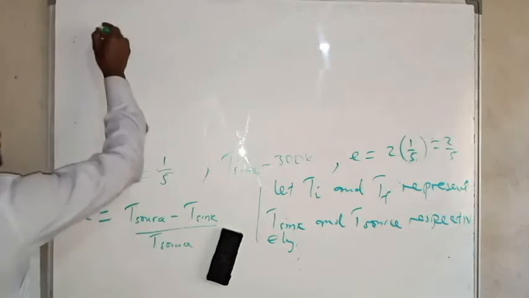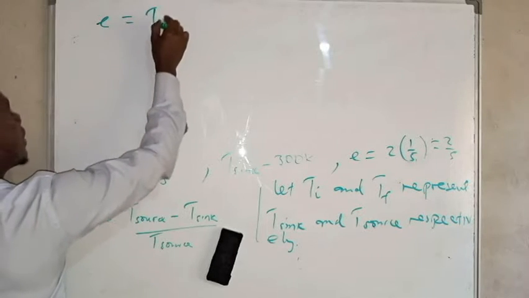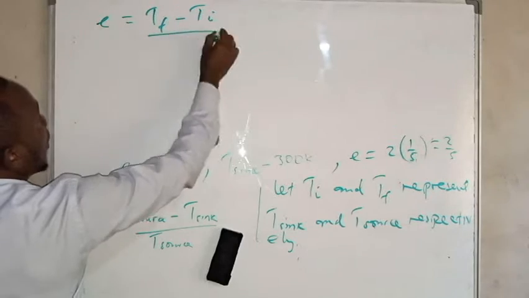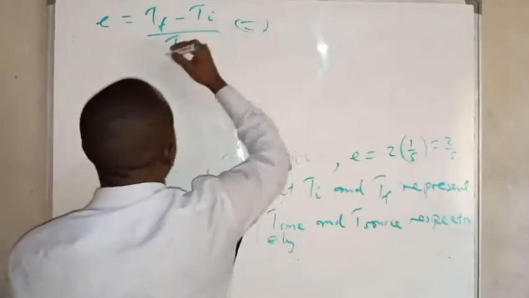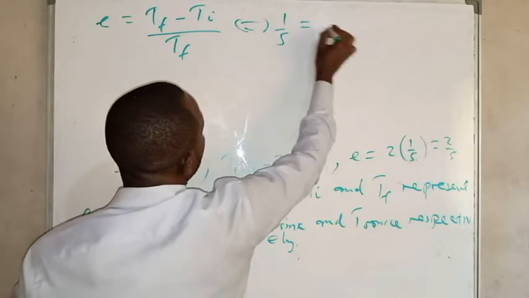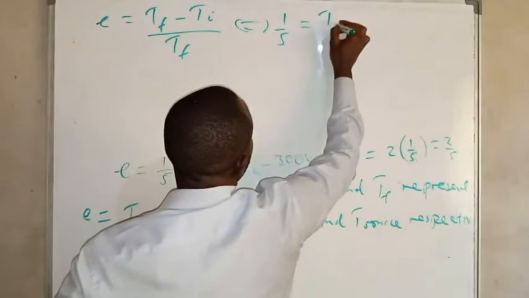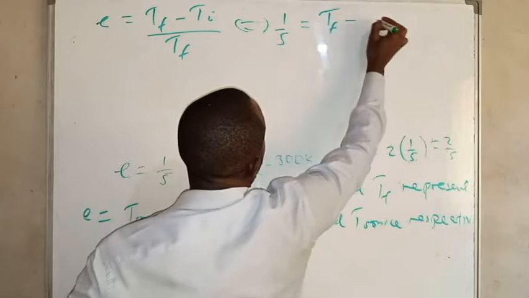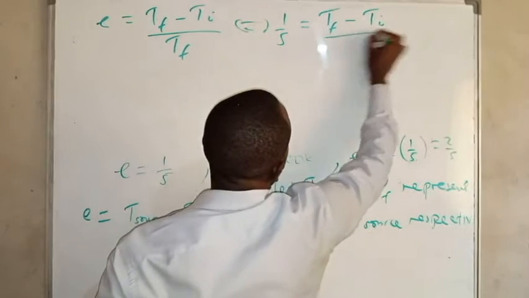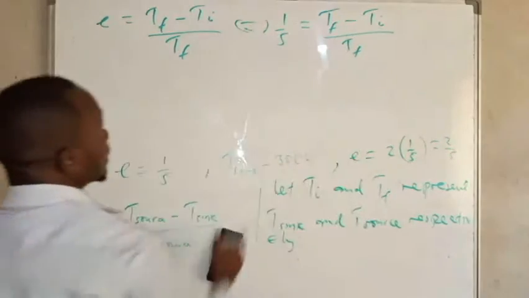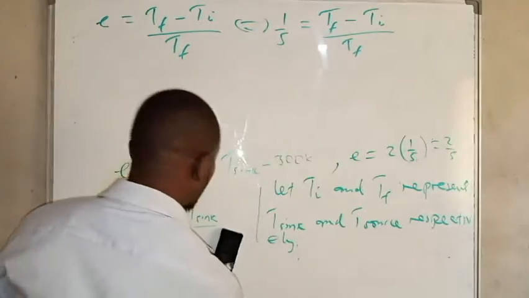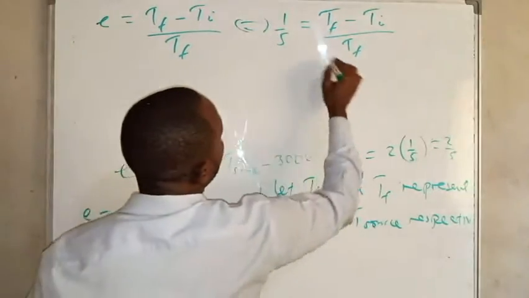So here, the efficiency is equal to Tf minus Ti over Tf. The efficiency that we've been given is 1/5, which is equal to Tf minus Ti over Tf. From this, we can make Tf the subject simply by cross multiplying.